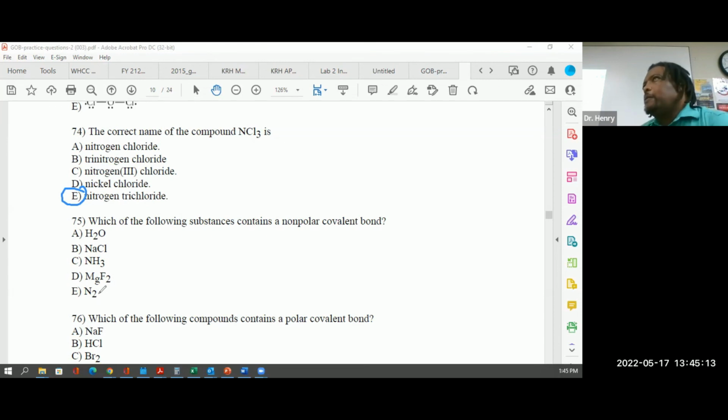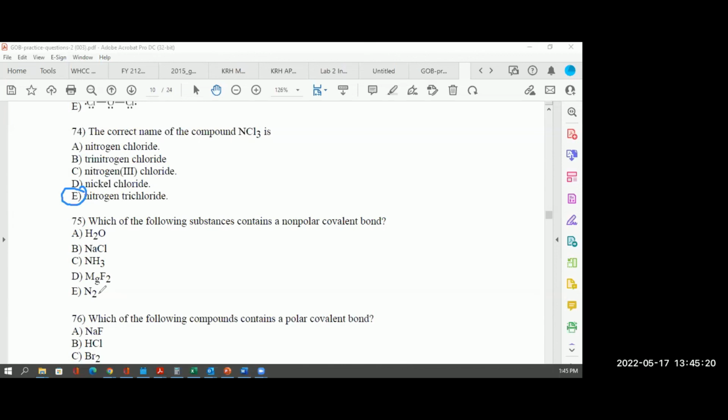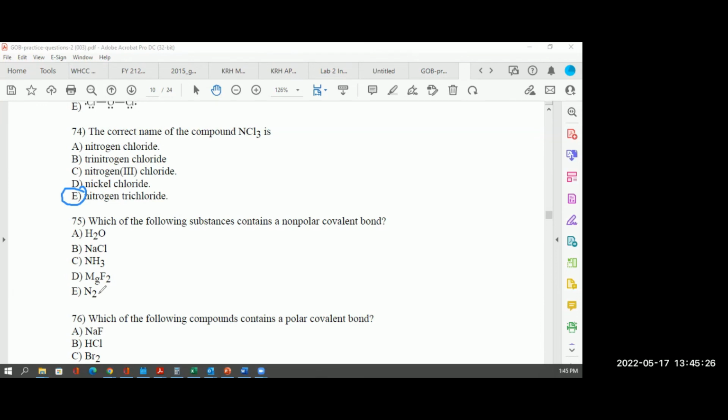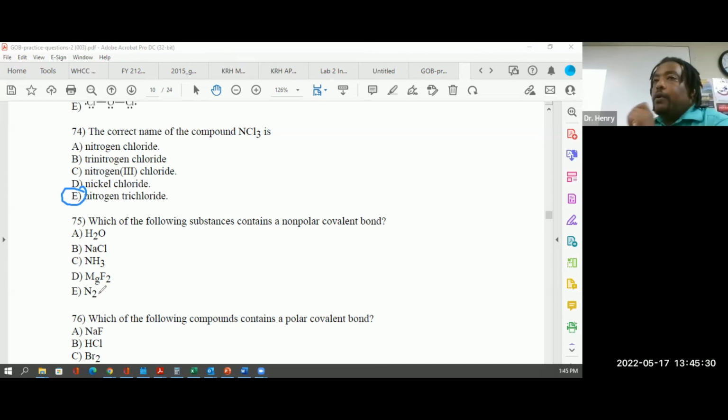Would nonpolar be equal sharing or uneven sharing? Uneven? Are you sure? No, equal sharing. Yes. Nonpolar means we're sharing evenly or equally, right? So who's going to be sharing evenly?